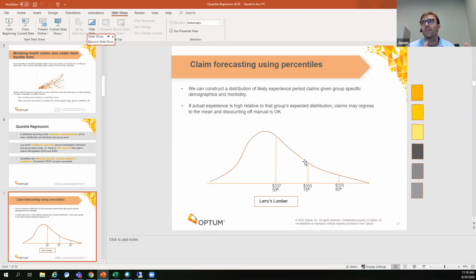So that's the advantage of being able to see that entire distribution and try to understand what prospective costs look like.